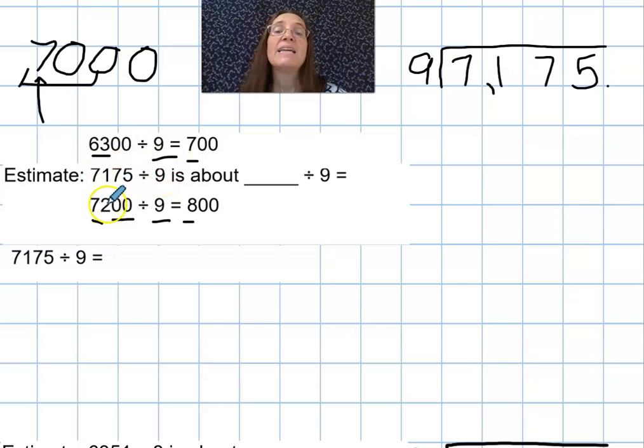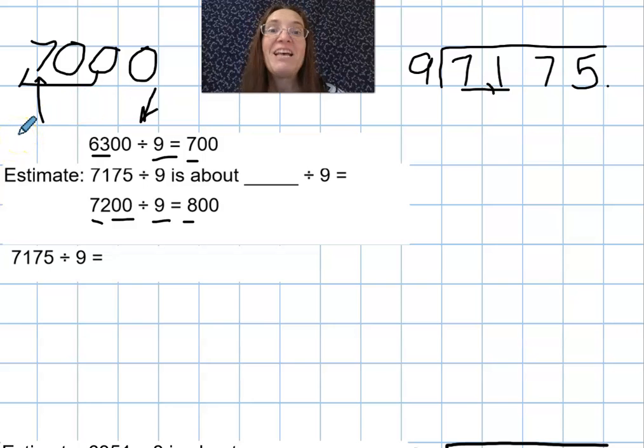Well, it seems to me that 7,200 is only 25 away from 7,175. But it also seems to me that I'm going to have to go with 9 times 7 as the very first step in this division problem.